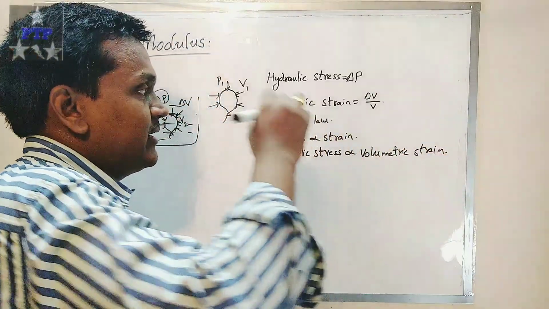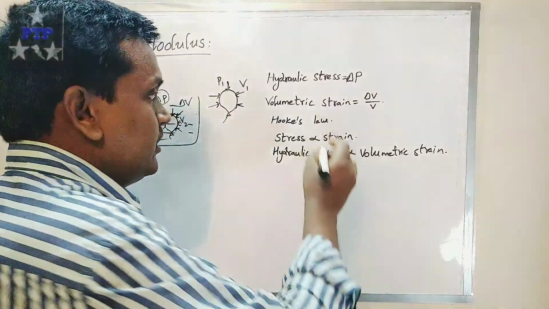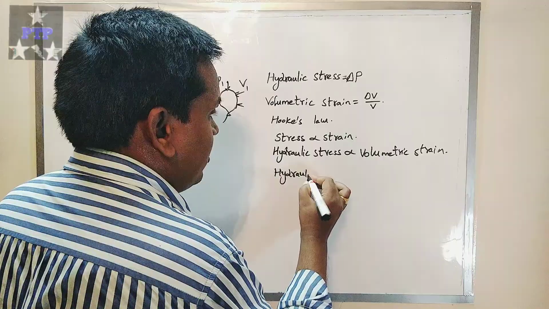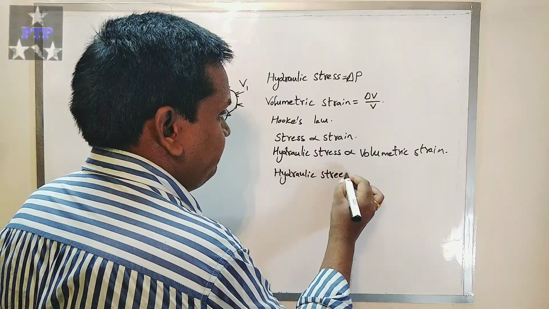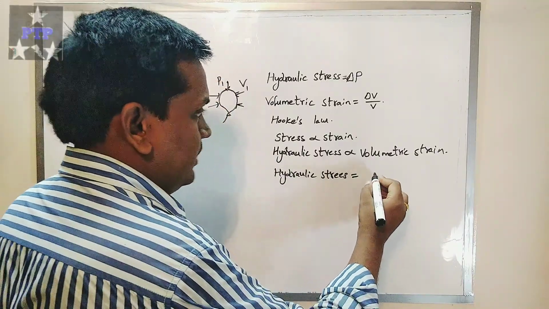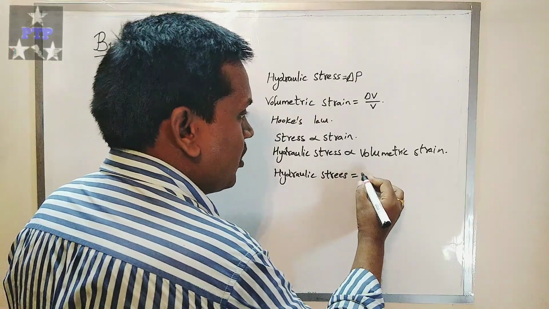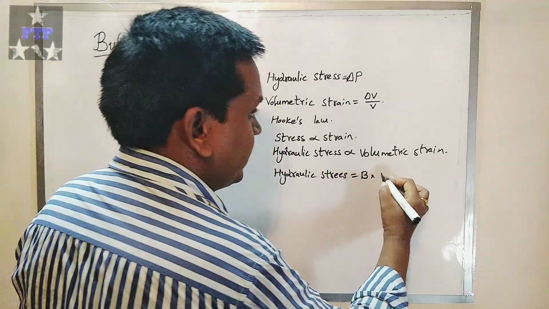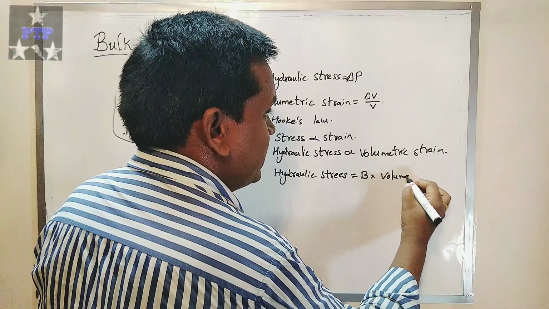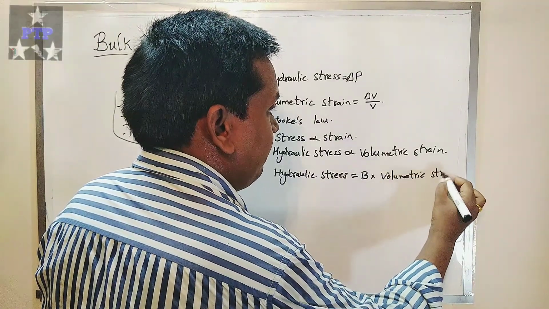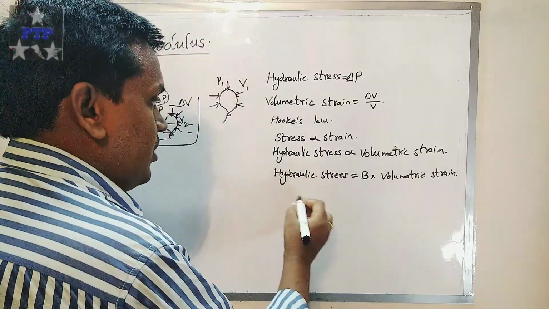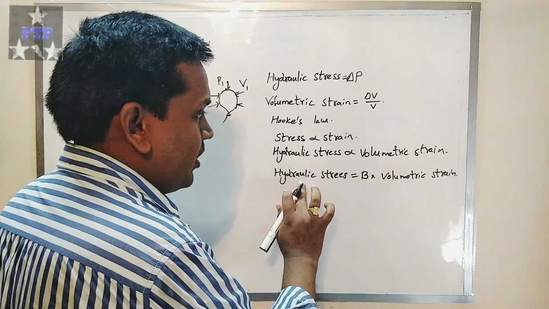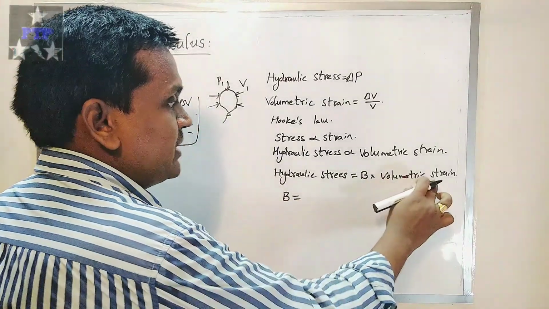To make it equal, hydraulic stress is equal to a constant, that constant is bulk modulus B, into volumetric strain. So bulk modulus B is equal to hydraulic stress upon volumetric strain.